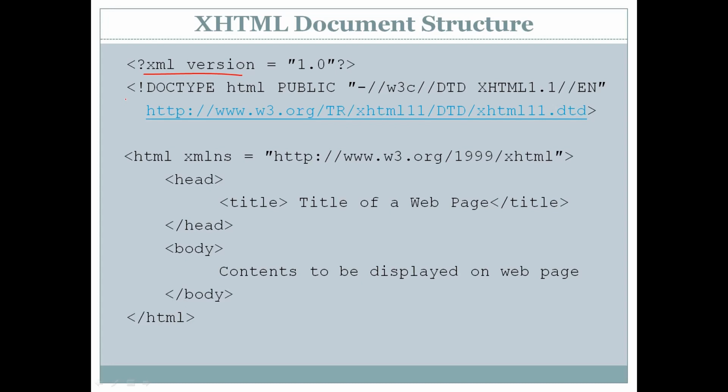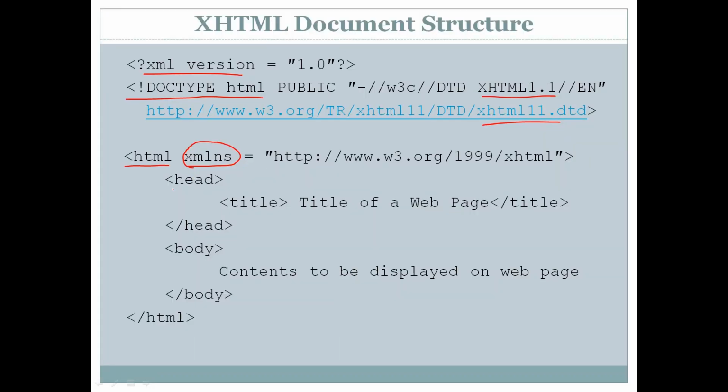Then it has a document type declaration, that is, the doctype declaration, which includes the version of XHTML used and the DTD, that is, the document type definition. Then it should include a root tag, that is HTML, with an attribute, that is xmlns, the XML namespace.